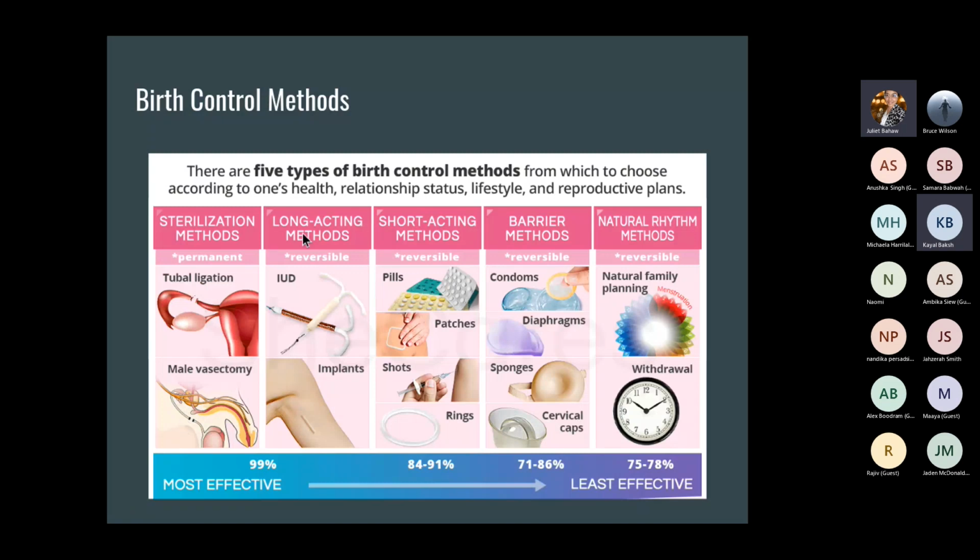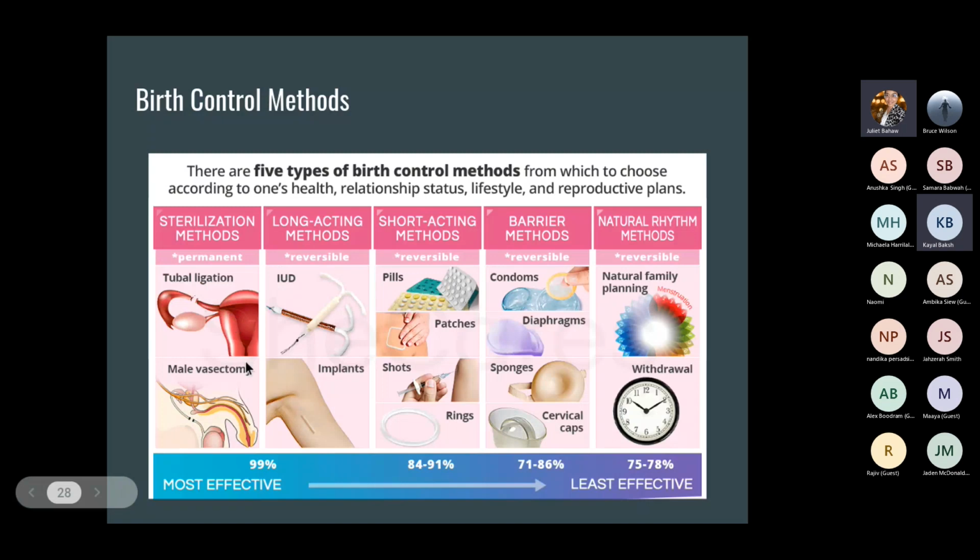The long-acting methods involve hormones. The IUD, which is the intrauterine device, looks like a little T-shape. It is inserted in the uterus by a doctor, with its two arms placed right in the uterus.